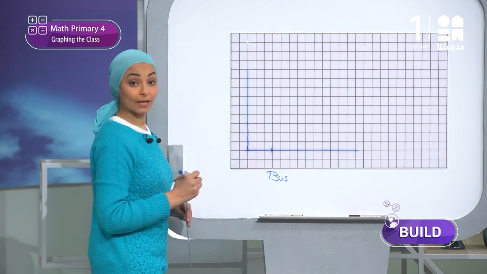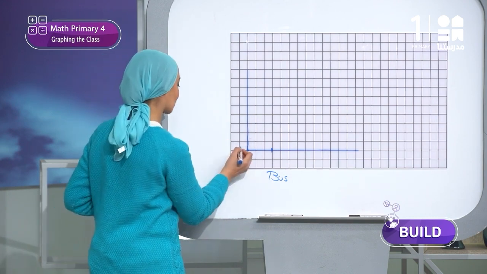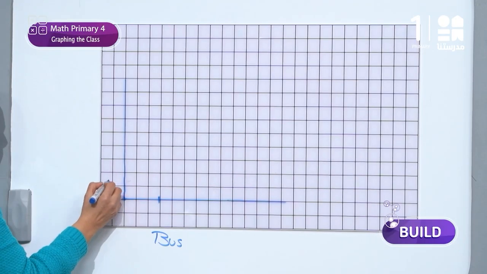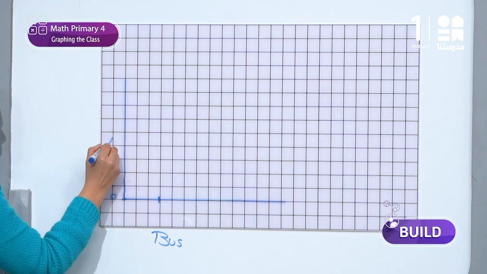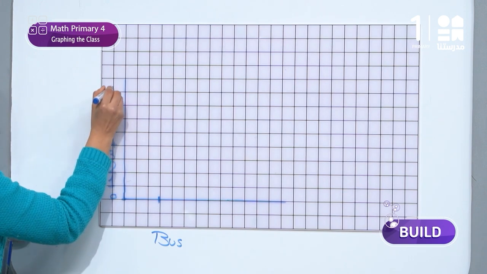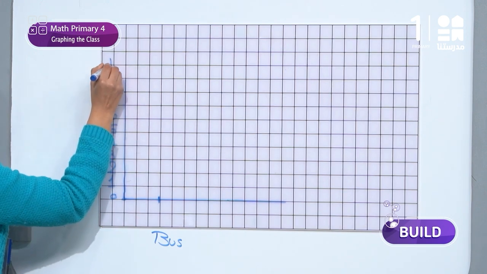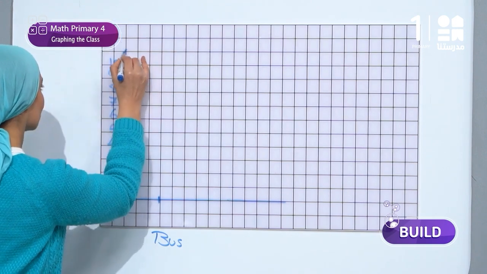How can I write the scale? I will write the scale from 0 to 10. يبقى here is 0, 1, 2, 3, 4, 5, 6, 7, 8, 9, and 10. So make it like this.